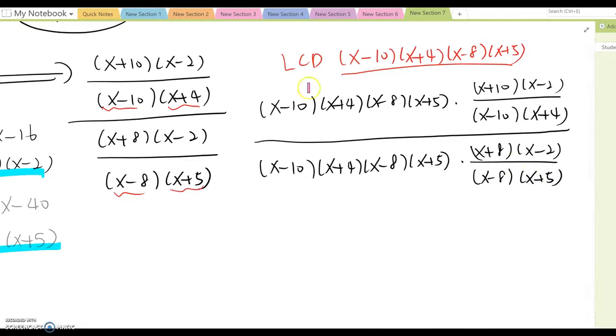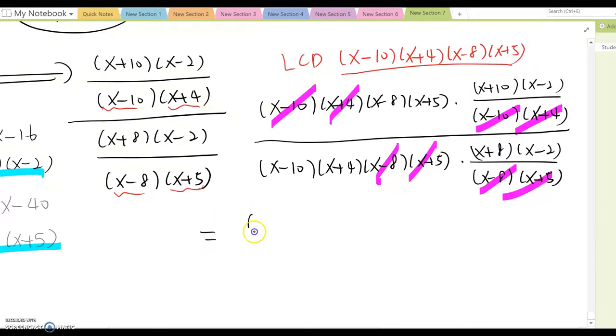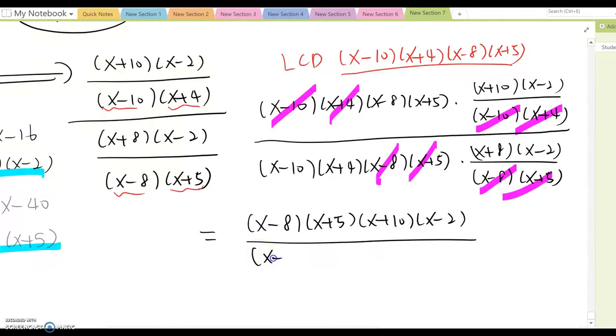Therefore, you simplify, then the answer becomes x minus 8, x plus 5, x plus 10, x minus 2 over x minus 10, x plus 4, x plus 8, x minus 2.